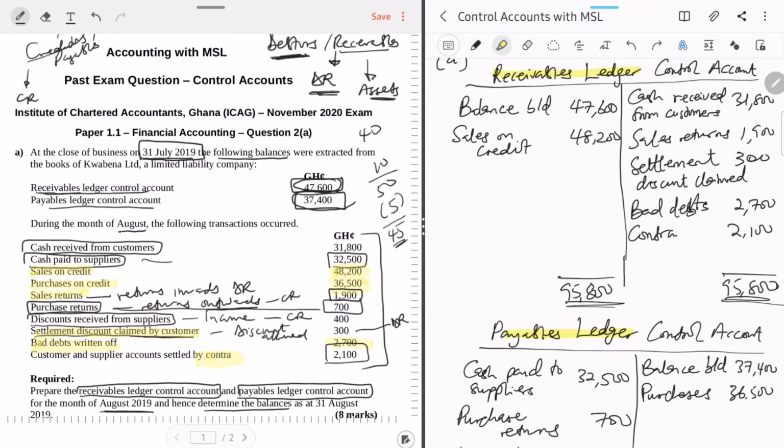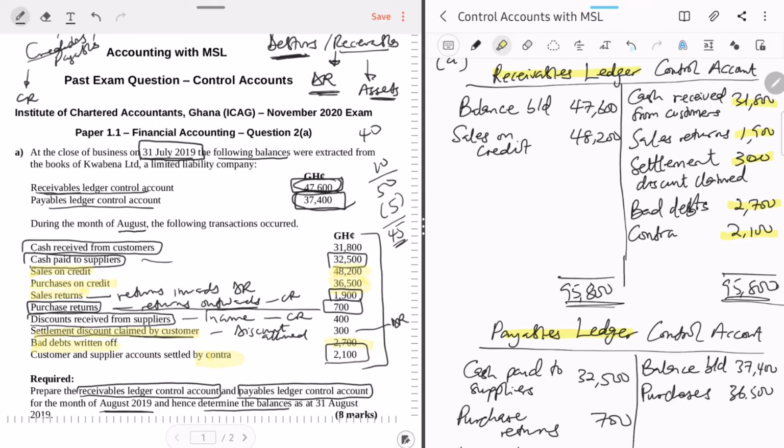So let's add 31,800 plus 1,900. I'm adding the things on the credit side. So 31,800 plus 1,900 plus 300 plus 2,700 plus 2,100 gives me 38,800.